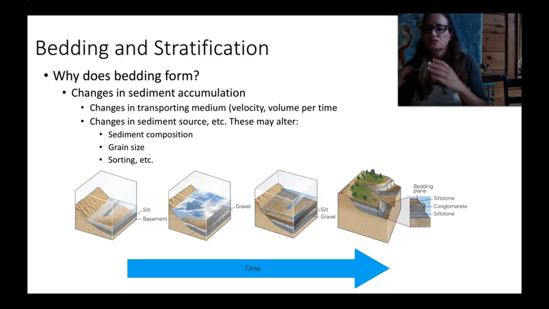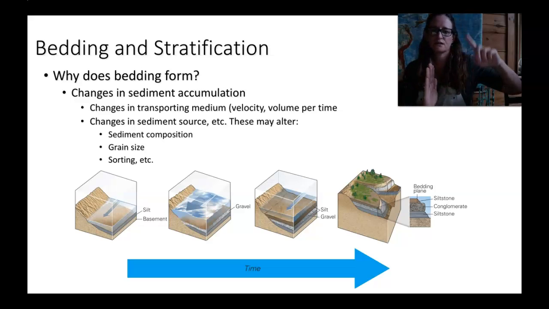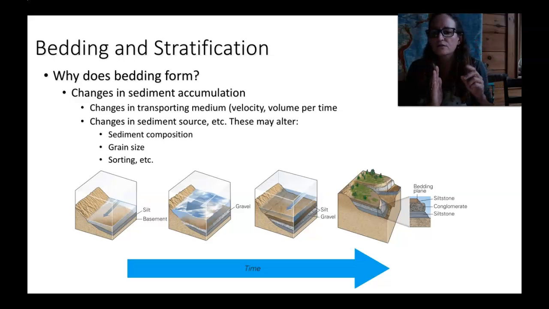So there's going to be a change, usually a velocity change of the water, and then a different sediment will be deposited. In this image at the bottom, we have blocks where silt is being deposited, and then gravel. From a silt to a gravel, the velocity increases, and then it goes silt, gravel, silt.